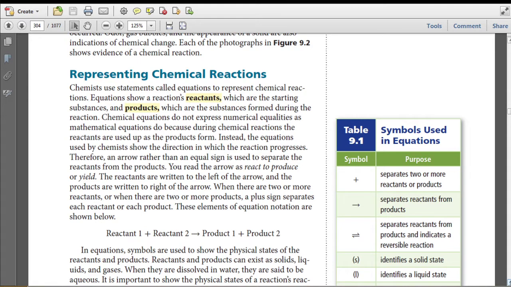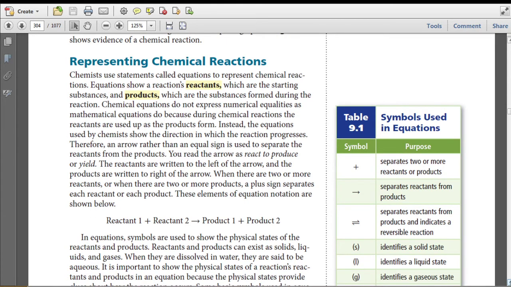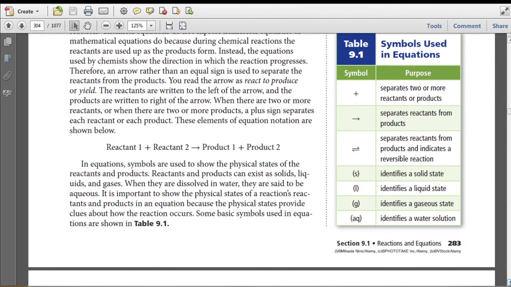When there are two or more reactants or two or more products, a plus sign separates each reactant or each product. The elements of equation notation are shown below. Reactant 1 plus reactant 2 react to produce or yield product 1 and product 2.